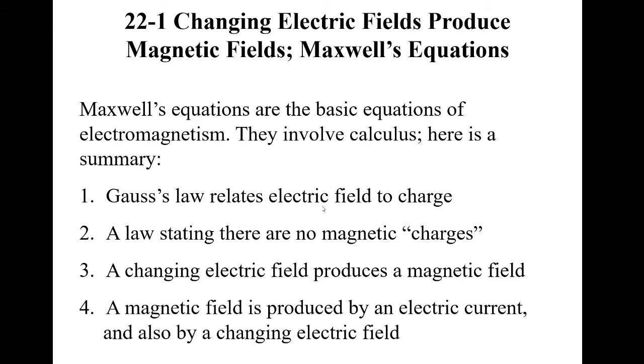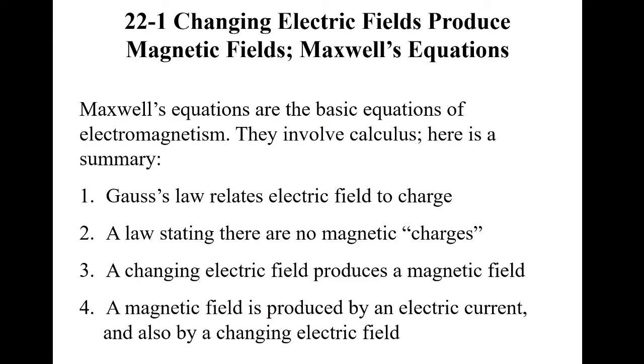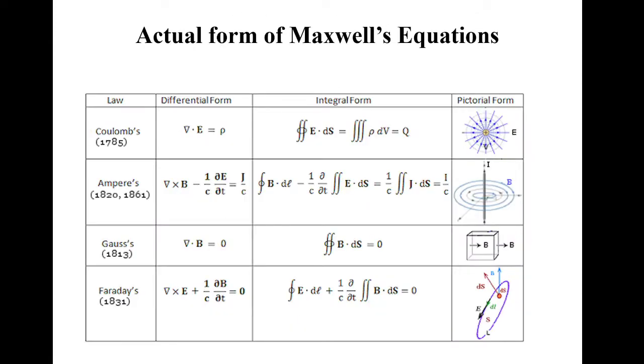Now, we're not going to do any computation with these, but I'm going to give you an idea of the mathematical form of Maxwell's equations. Okay, so remember, the first law relates electric field to charge.